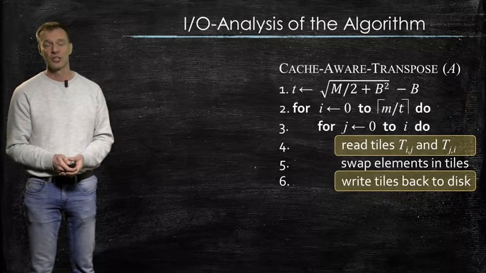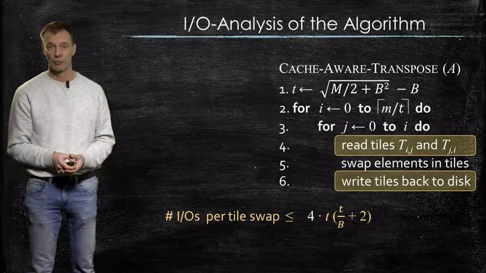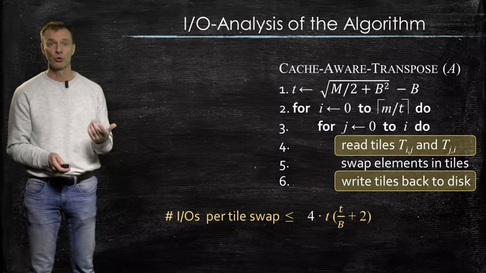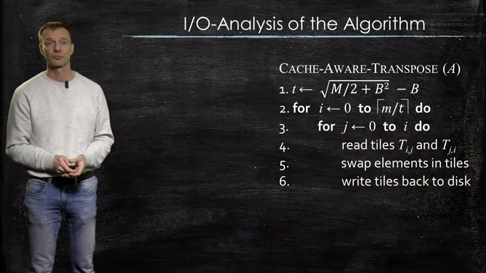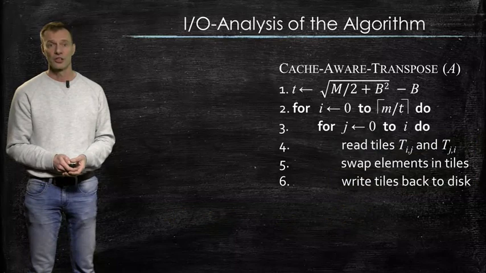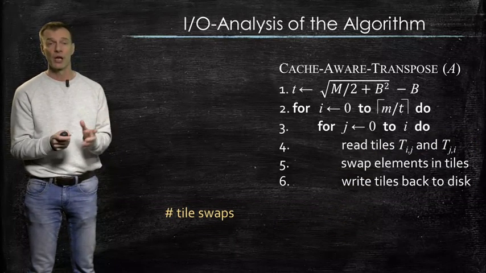Okay, so we see that this in total takes 4 times (t over b plus 2) number of IOs. Right? And the 4 is because, well, we have 2 tiles. Each tile needs to be read and written. Okay, so that's the number of IOs for one pair of tiles.